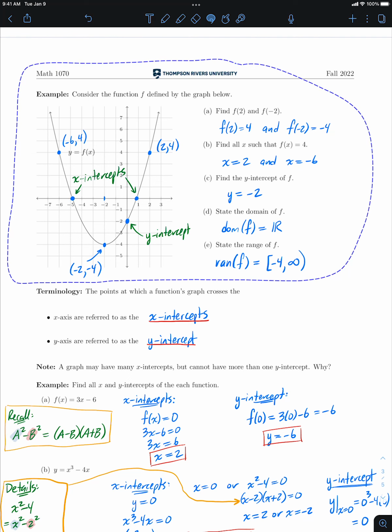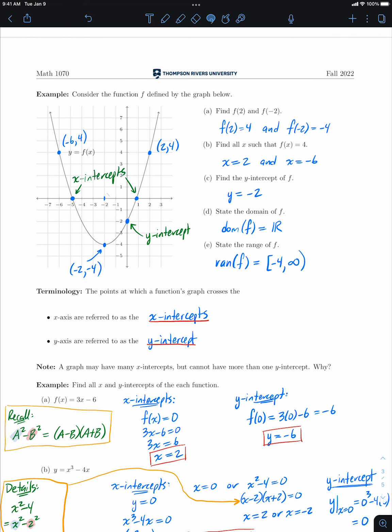And graphs are very useful whenever you need to know something about the trend, right? Like this one, for example. You know that, well, -2 is kind of where the function hits its lowest value. But then as the x values move in this direction, what happens to the y values? They seem to increase, right?